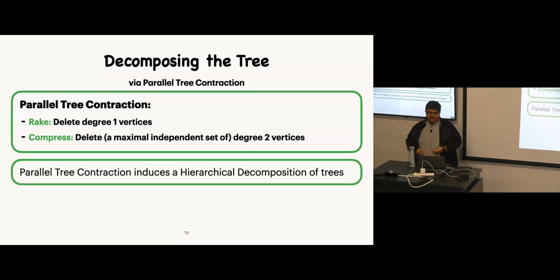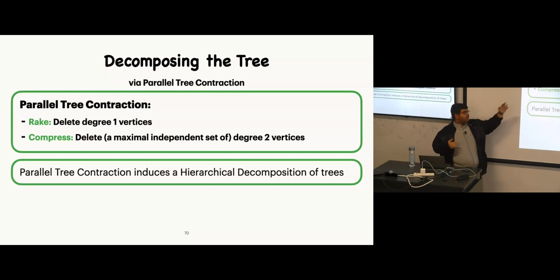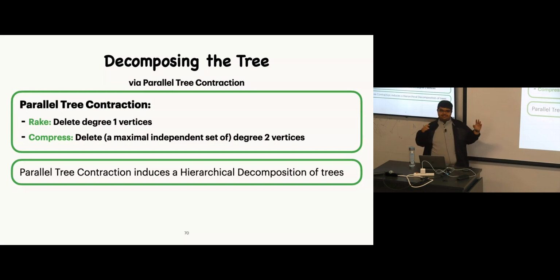And the second thing is a compress, where you look at degree 2 vertices and merge with one of its neighbors. So you remove your degree 2 vertices, but now just add an edge between its two neighbors.